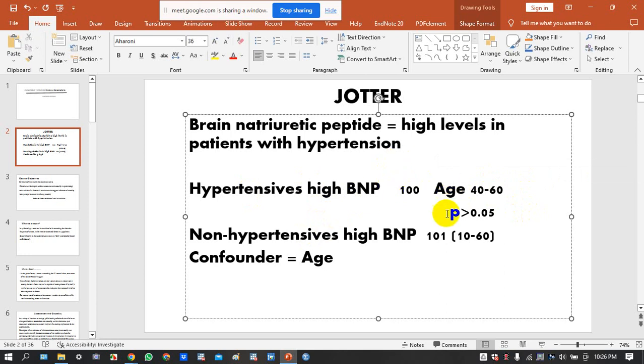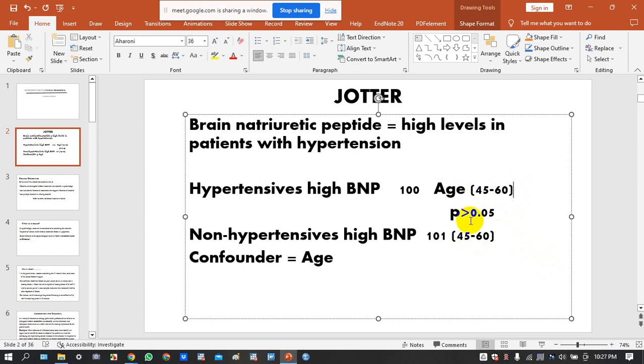As we are comparing these two groups, they should have the same age range in the hypertensives and non-hypertensives. The age is supposed to be the same. So ideally, if you are considering 45 years to 60 years, then the non-hypertensives should also be 45 years to 60 years, and we are not supposed to select less than 45.